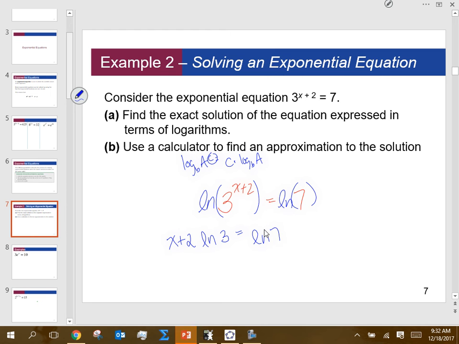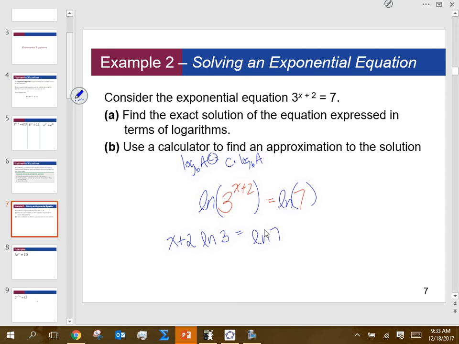Okay? Now I purposely left something out when I wrote this, and it has to do with that x plus 2. This is the most common error that I see with this stuff: we know our properties, we know how to isolate x when we use them correctly, but just because of notation, we mess things up.